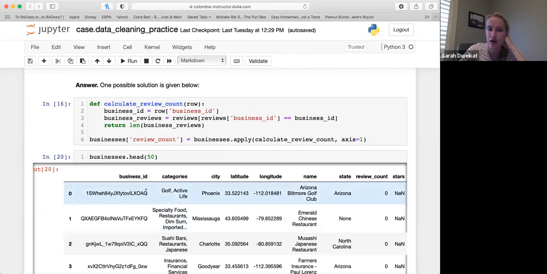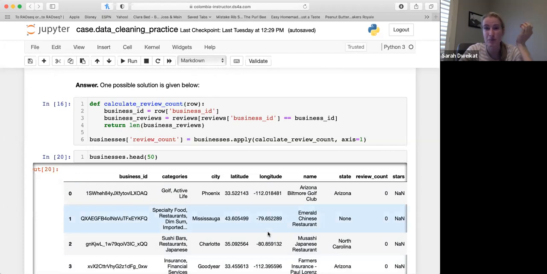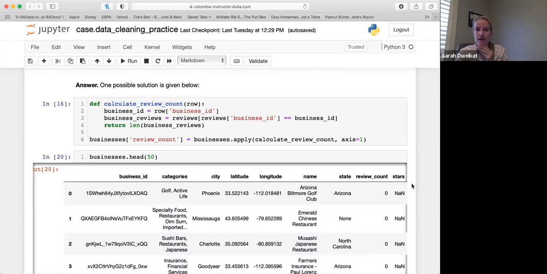Maybe these are not overlapping just because we have a list of all of the businesses, and there may not be reviews for all of them. Our businesses data set might be a lot larger than our reviews data set.